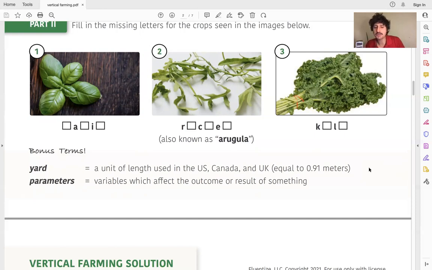A lot of people, especially in the scientific community and the engineering industry, they understand. If you say meters, they understand. But a lot of Americans, we say yards. Okay, so it's pretty much equal to 0.91 meters. Okay, so it's a little bigger than a meter. Pretty easy to remember. Okay, about 10% bigger than a meter.